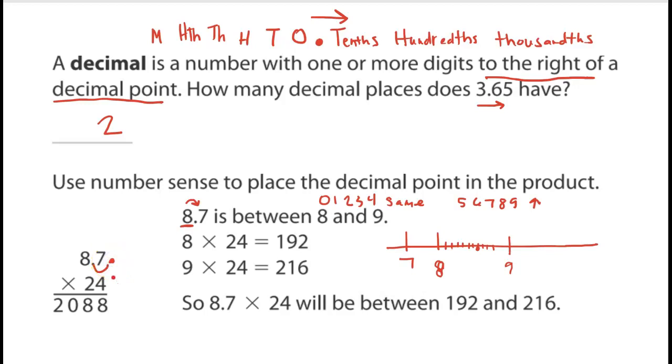But what you do up here, you have to do back down here, and you go the opposite way. So there's a total of 1 decimal place move. If this is my product, and it's a whole number, my decimal is always assumed to be there. It's an understood decimal. So if I move it 1 place to the left, my answer would be 208 and 8/10. And that is between 192 and 216. So it's reasonable.